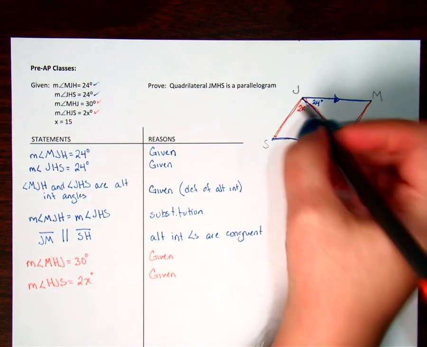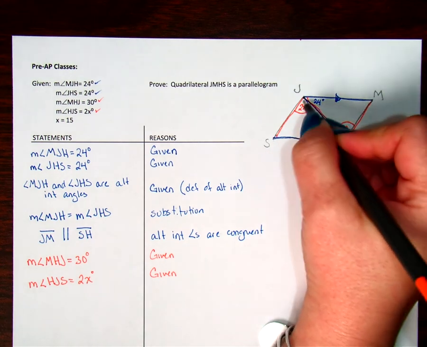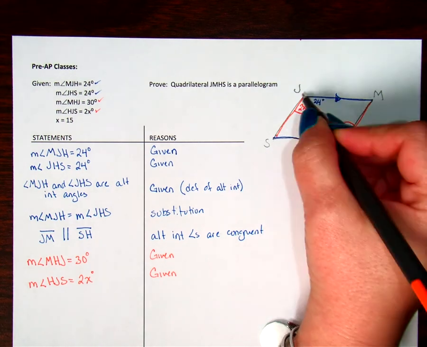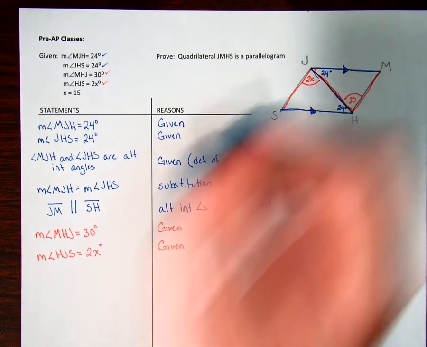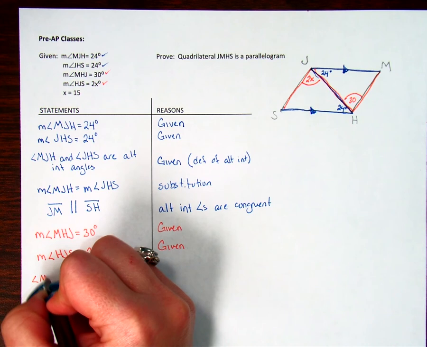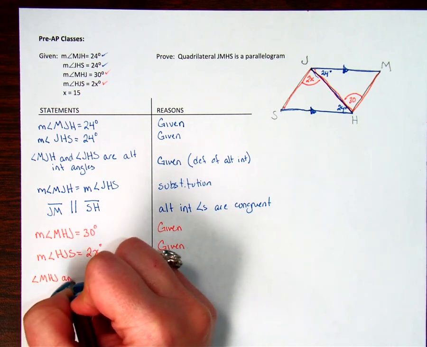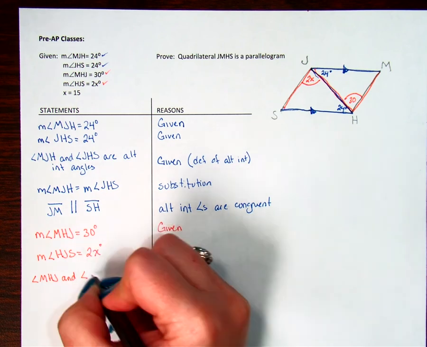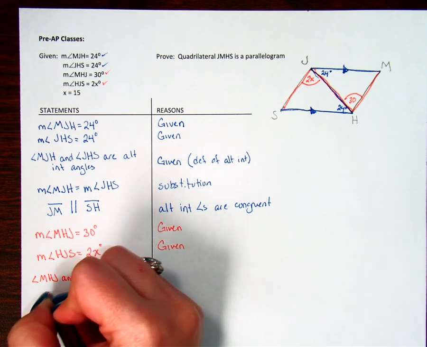Okay, so I'm looking at these two angles, and if I use the definition of alternate interior, I can see that these two angles are alternate interior to each other. So angle MHJ is, and I should say, angle HJS are alternate interior angles.